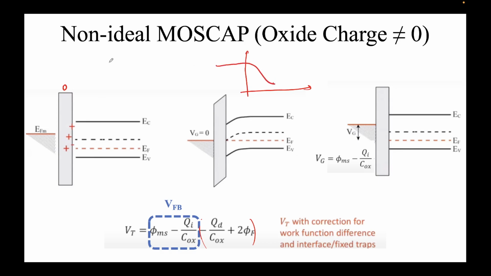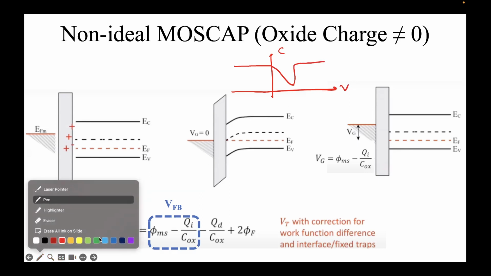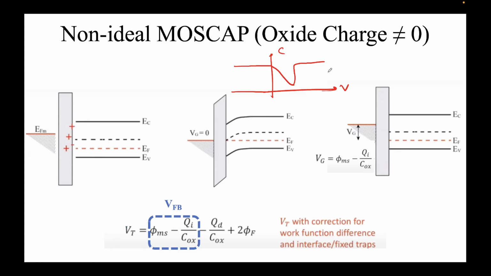Sorry, bad drawing. Let's consider a low frequency C-V. In flat band, in non-ideality, this is not the case. This gets shifted. So that's what I'm drawing now.